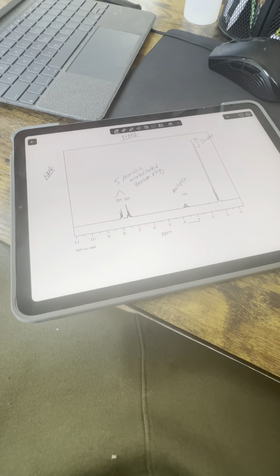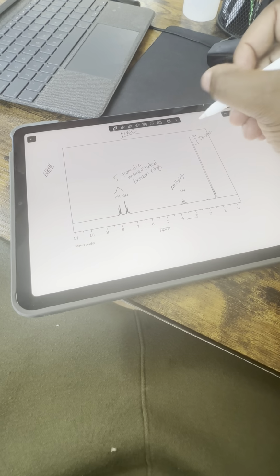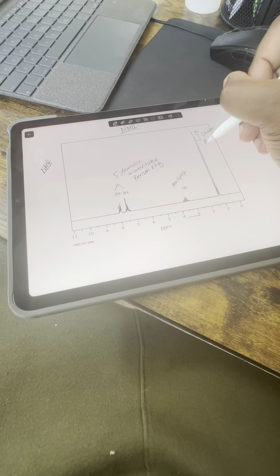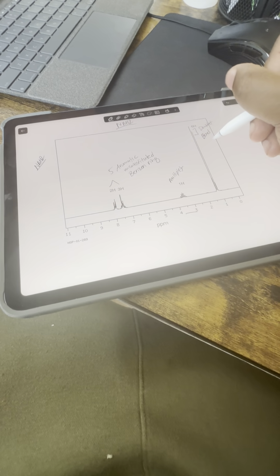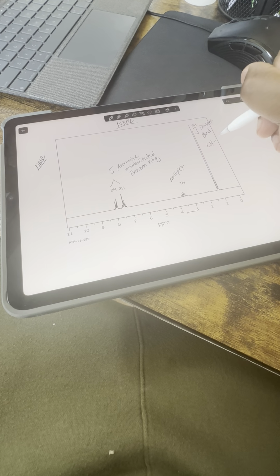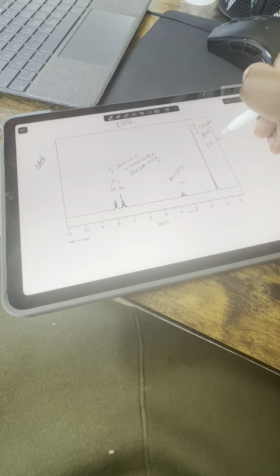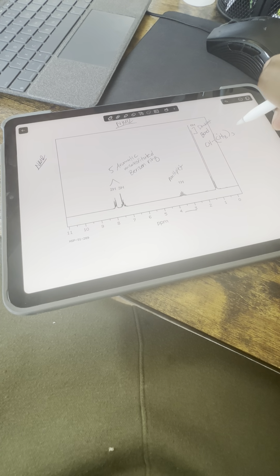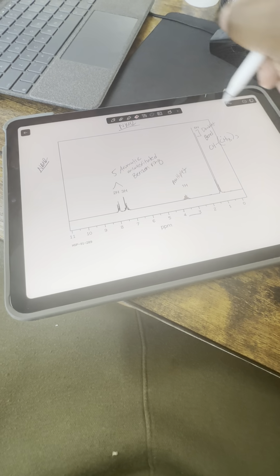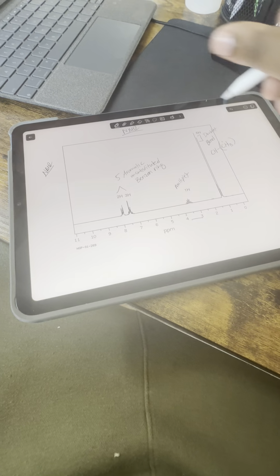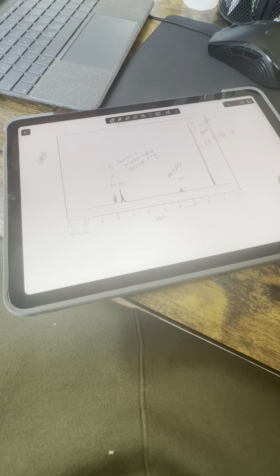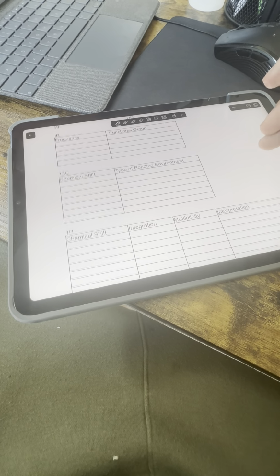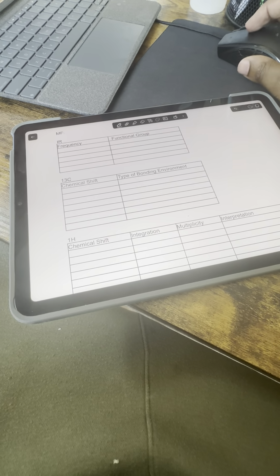At the doublet, we can interpret that there's going to be a bond that looks like this, CH, CH3, with the CH3 bonded to the 2. So everything in the graph, we're going to write down based off the charts.